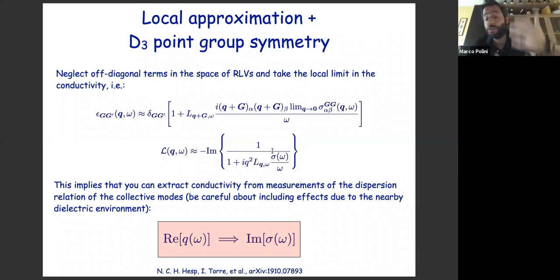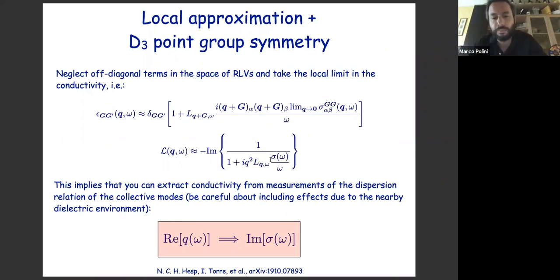So for example, we know very well that nearby hBN, in the mid-IR where these experiments were carried out, has interesting optical activity. And so in general, if you want to really model the experiments, you have to be careful about finite thickness effects, including phonon polaritons in hBN and the coupling between phonon polaritons and the collective modes in the electron liquid.